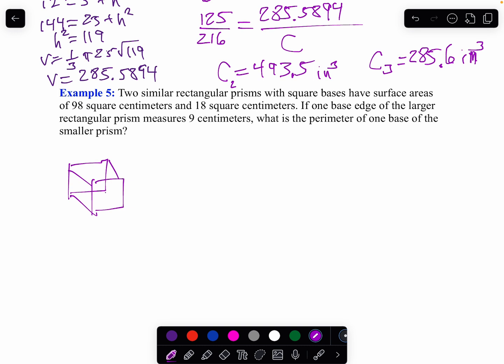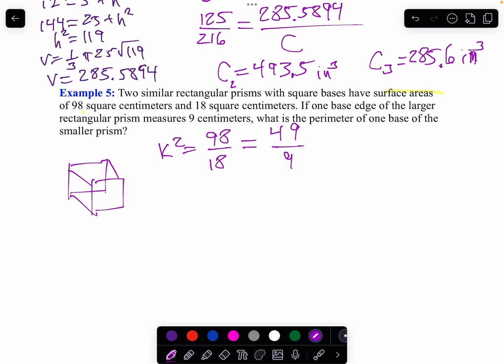Now, area is k squared, isn't it? So in other words, k squared is 98 to 18, which we can simplify to 49 to 9.